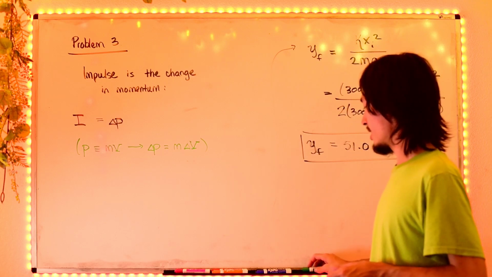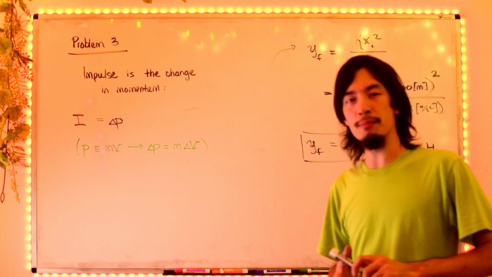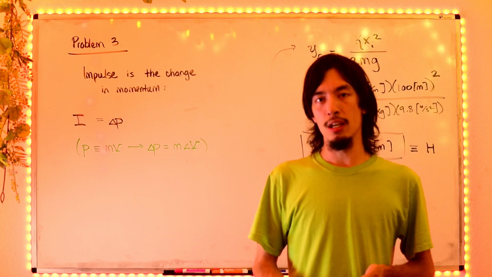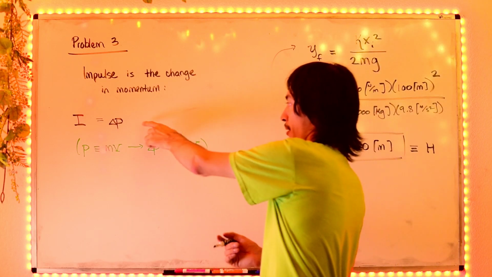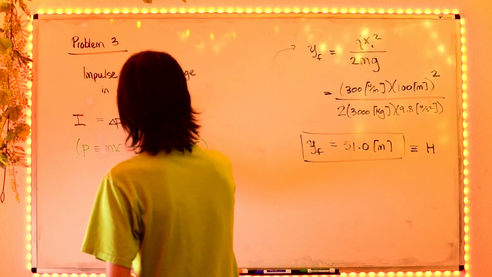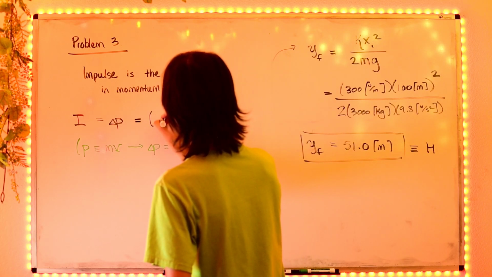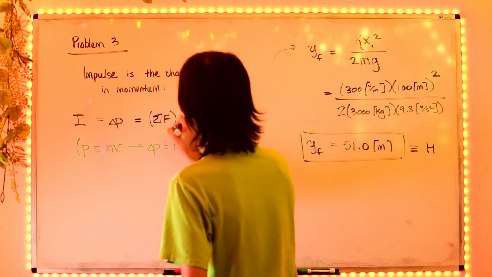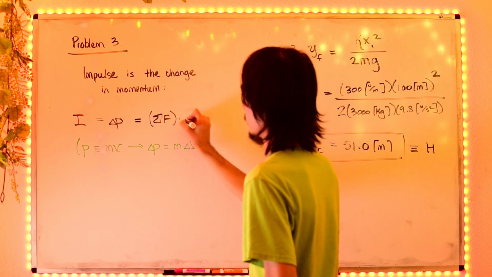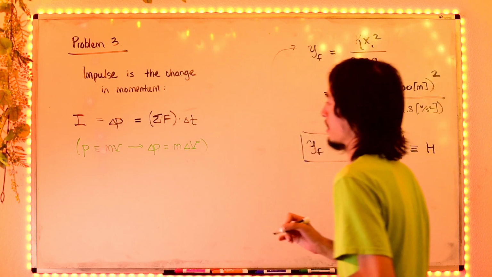Now the question isn't asking for the change in momentum, it's asking you for force, which comes from relating this, using Newton's law, to the force, which is sum of forces external times the time interval.